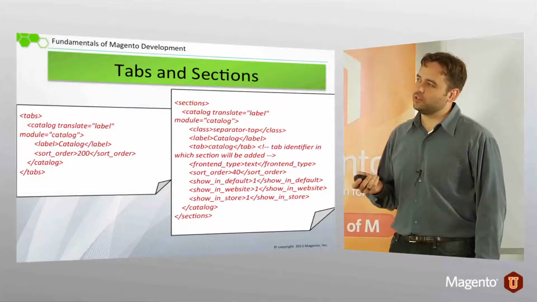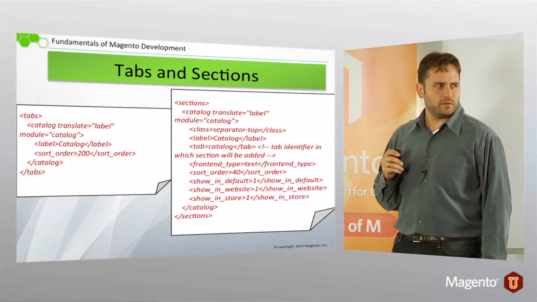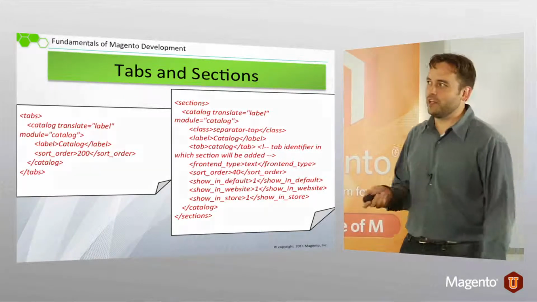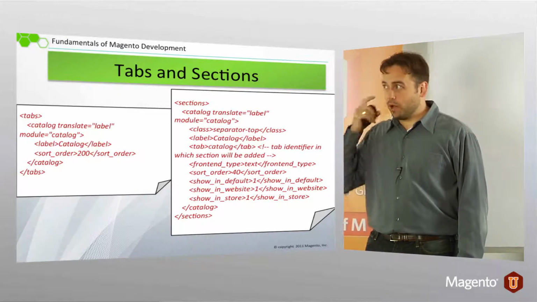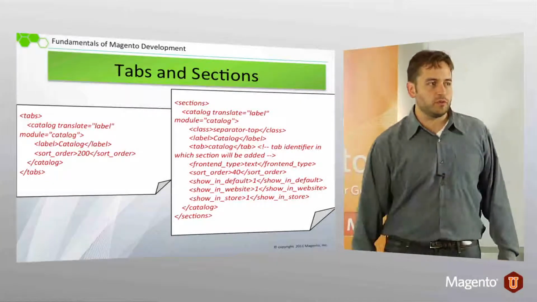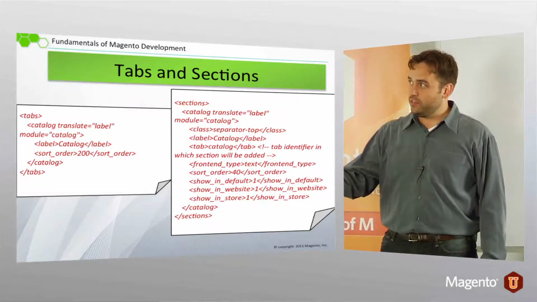Or actually, it was also label in menu, I think. Was it label in menu? Title. It was title in menu. It's label in here. Module means the module that will be used for translation.